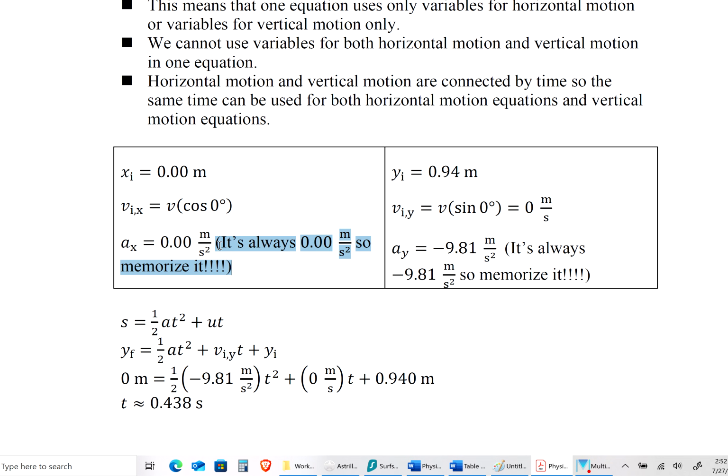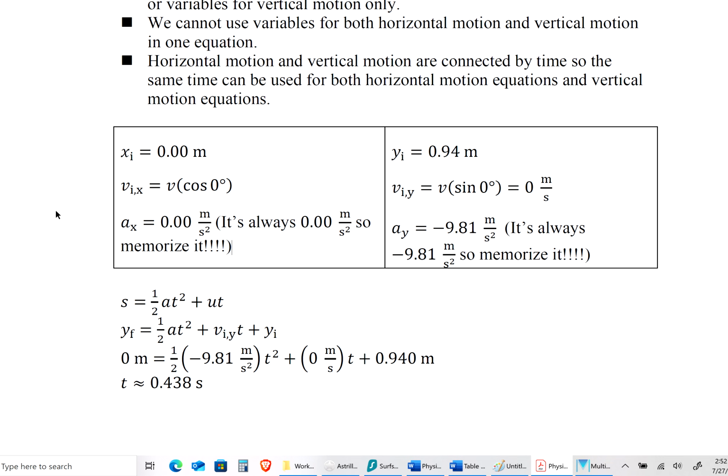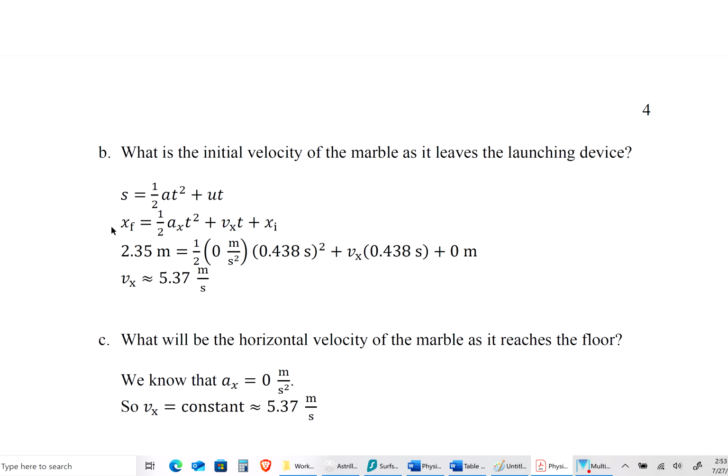It's always 0, so memorize it. So I let x final be 2.35 meters because this is given to us in the question. A sub x is 0. The time the object was in the air was solved for in part A, so we just solve for V sub x.